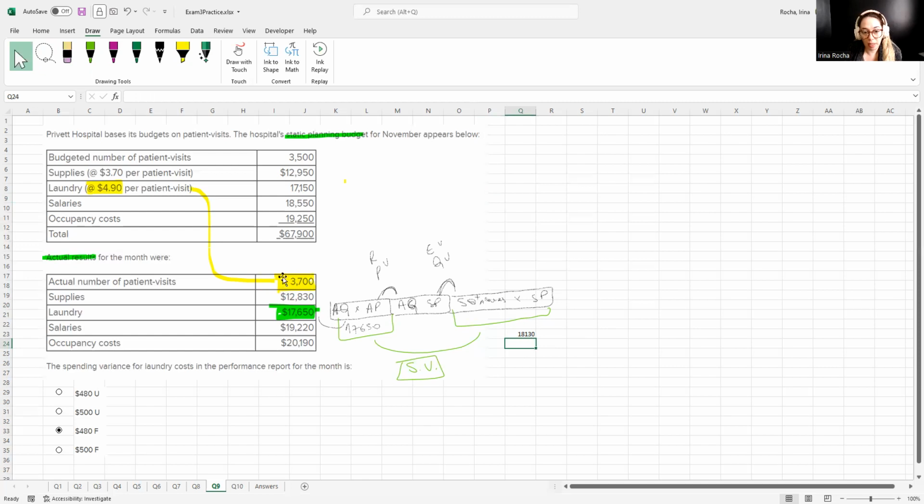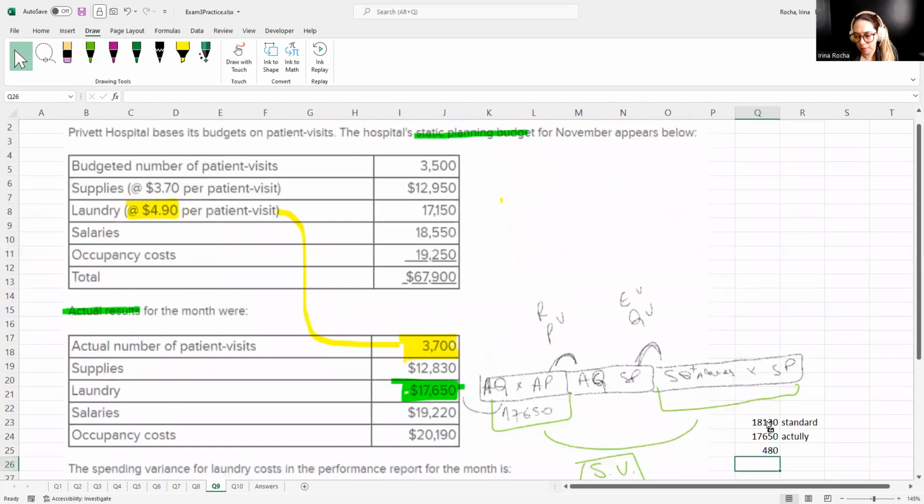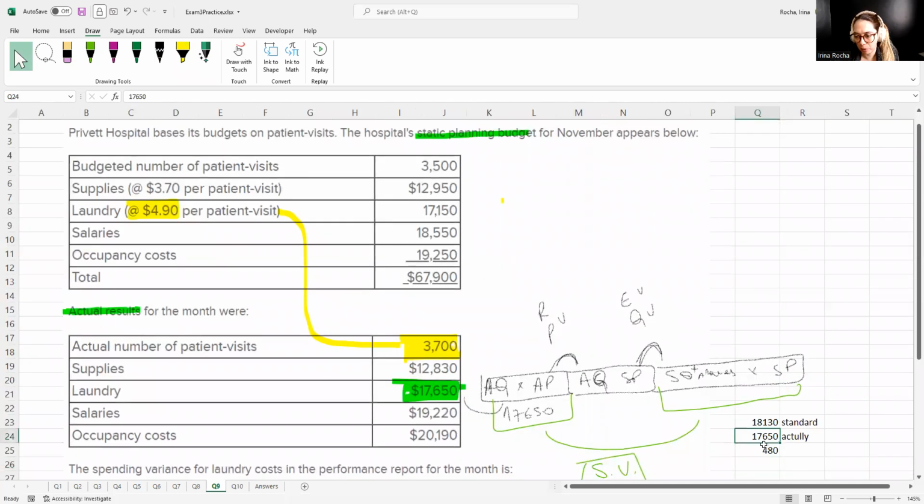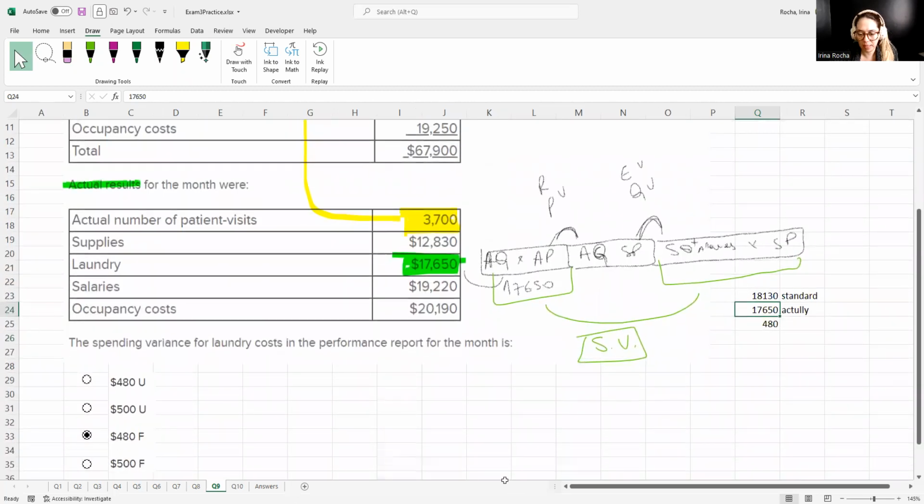That's the standard quantity allowed in this question. The difference between this and what I actually spent: this is how much I would have spent for 3,700 visits versus what I actually spent for 3,700 visits. The difference is 480. Is it favorable or unfavorable? I spent less than we planned for, so it's definitely favorable, and that's the answer.